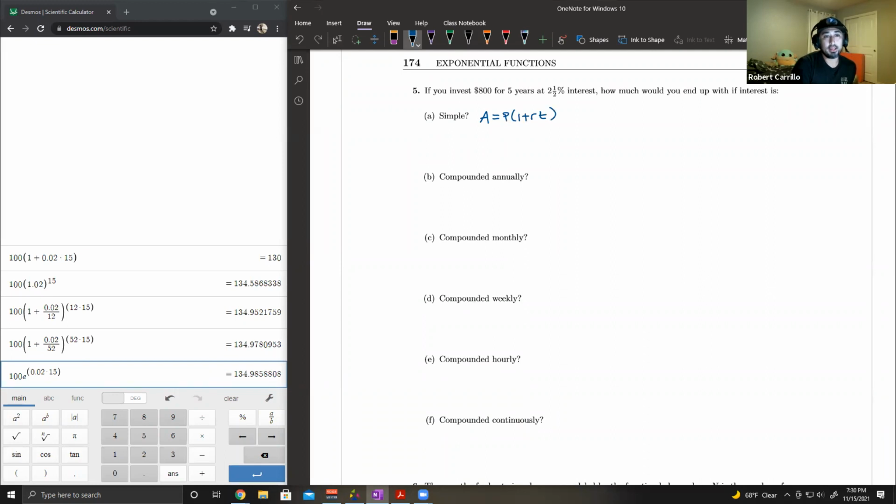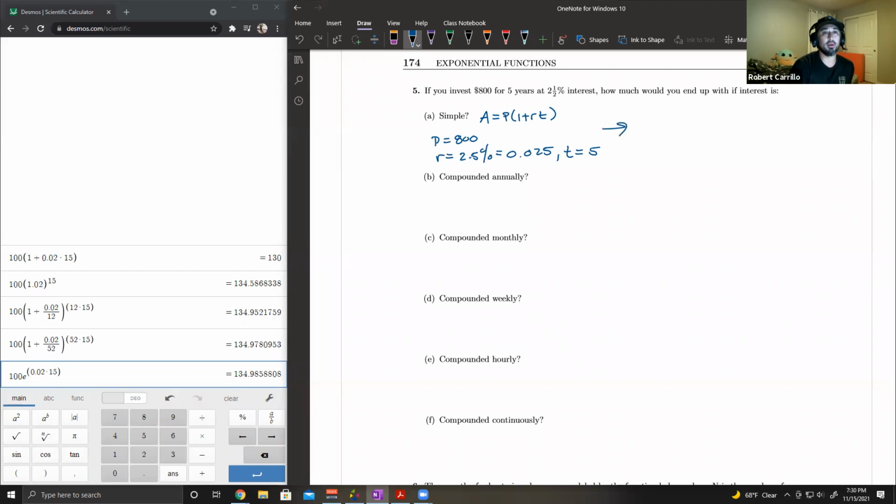The initial investment is $800. The rate is 2.5%, which we always convert to decimal. And then time is 5 years.